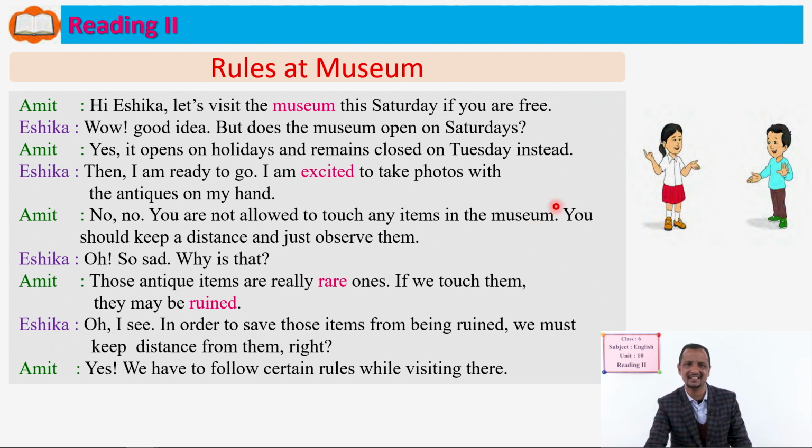Earlier we talked about two students talking about what they have to do and what they don't have to do. So Amit and Isika are talking about rules and regulations, but the place is a museum.